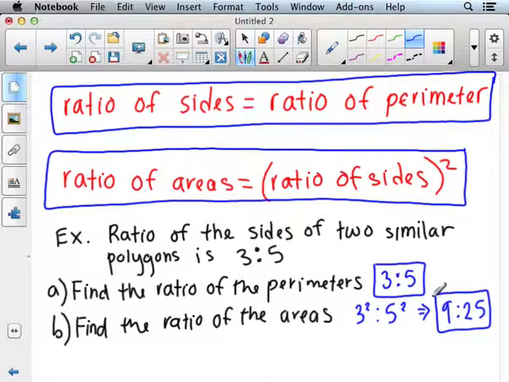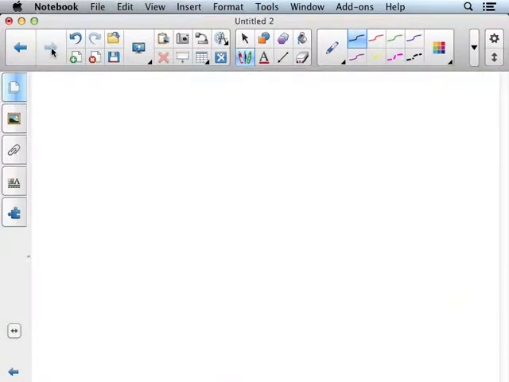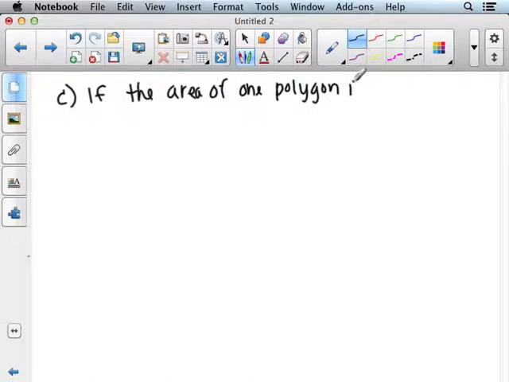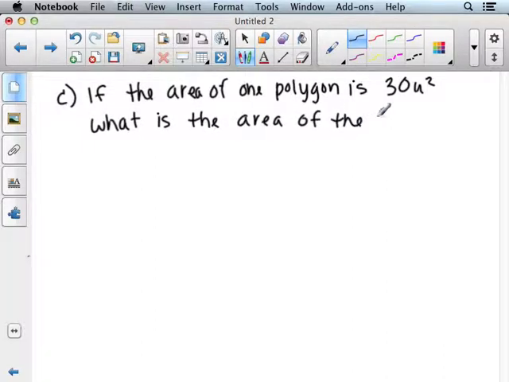Now my last question is C. Well, let me write C on the next board. Part C. If the area of one polygon is 30 units squared, what is the area of the other polygon, the second polygon?